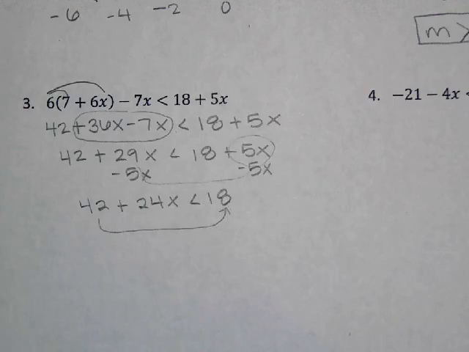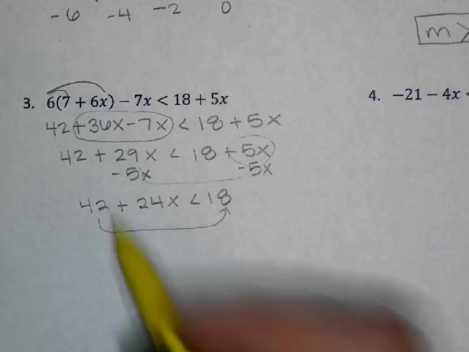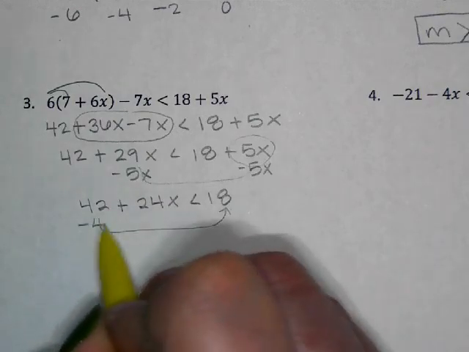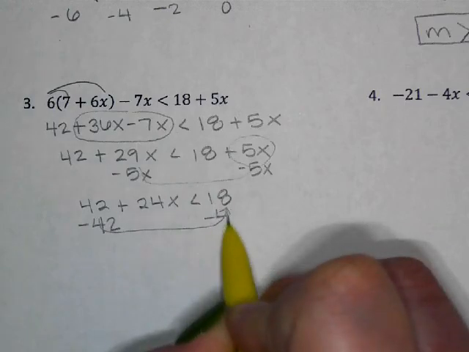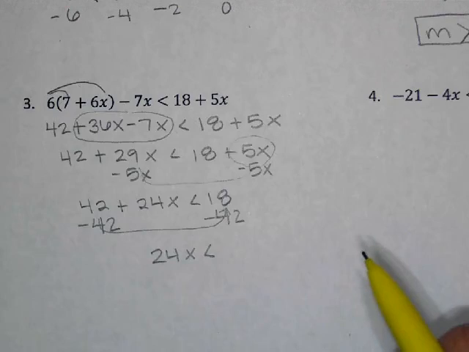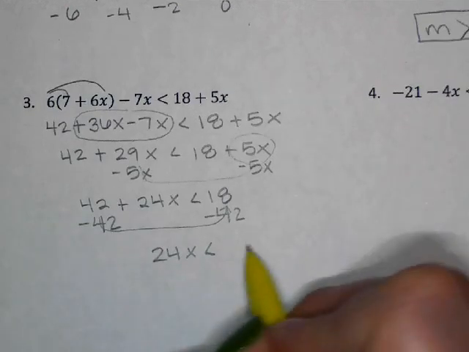How do we move the 42? Subtract. Is it negative 24 when you subtract? Makes sense. All right, and then what do we do?